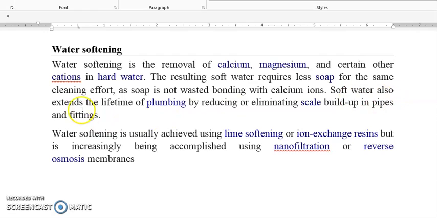Soft water also extends the lifetime of the plumbing, because there will not be any deposits, and it also reduces the buildup of scale in boilers.